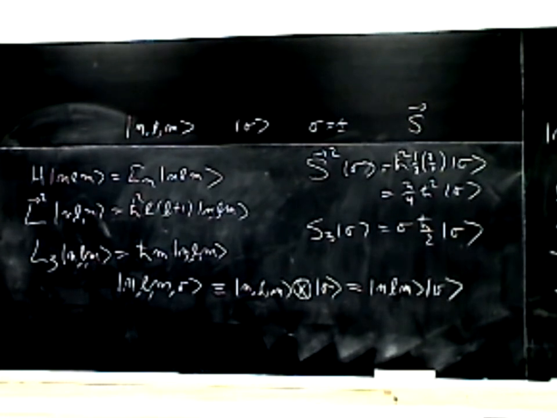But we're going to be summing over l and m and sigma, and so they're not really eigenstates of Lz, L3 or J, L3 or S3. Okay, so that's basically how that works.